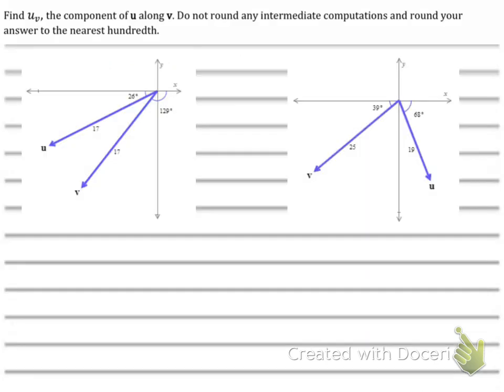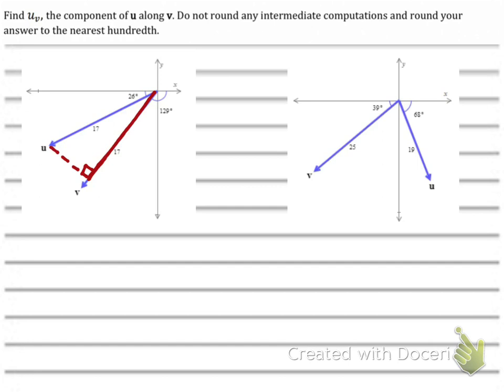So let's see. Here they want the component of u along v. So let's be sure we know what that means. The angle between u and v is acute, right? So I'm just dropping a perpendicular from u onto v. And what I'm finding is this piece right here. I want to know how long that piece is.